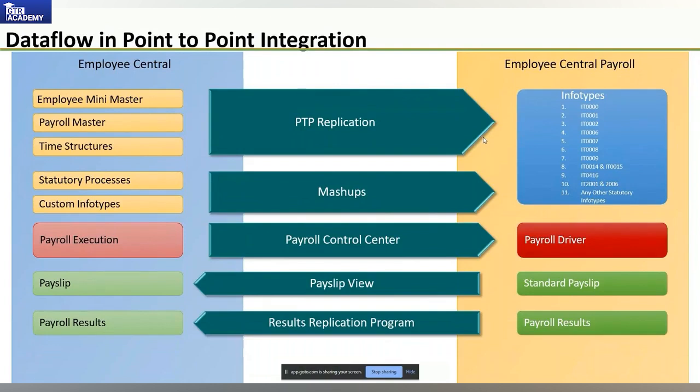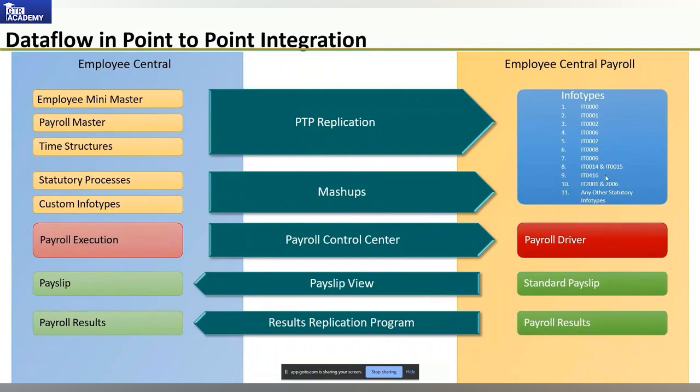That's why I said mini master data. It's not mandatory that each and every field has to get updated. Whatever is necessary for the payroll to run, only that information we will be replicating. So let's say 0 is important, 1, 2, 6, 7, 8, 9 are mandatory.